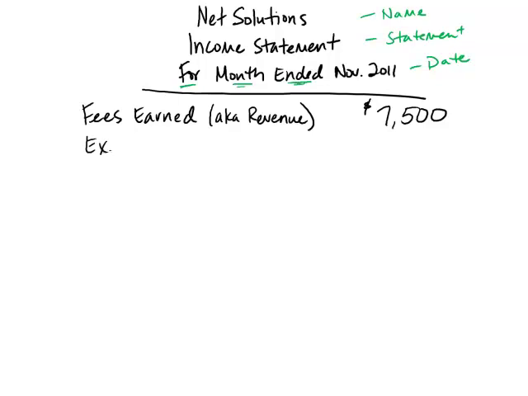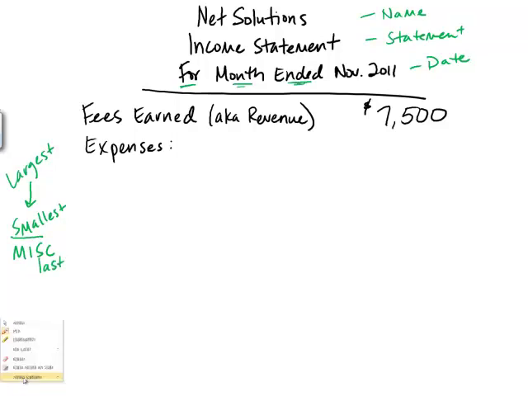Then we can list our expenses. Okay, we're going to list them largest to smallest, and miscellaneous is always last. So largest to smallest with miscellaneous always being last. So the largest would be wages.